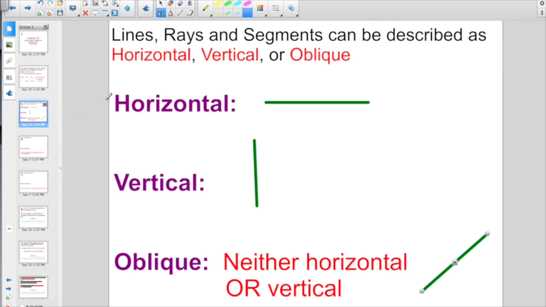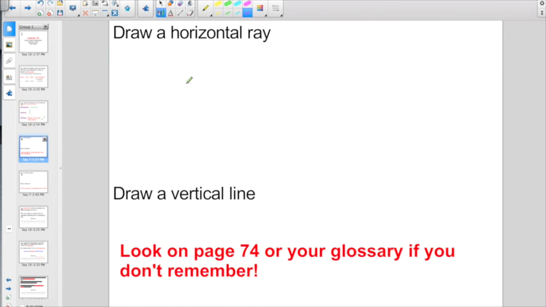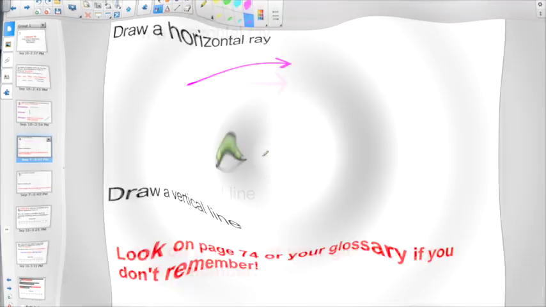Oh yeah, that's horizontal, straight left and right. So I'm first going to start off with something left and right. And then it's a ray. So a ray goes on forever on only one side. So you got to make sure if you're drawing a ray that you put an arrow on one side. That would be a horizontal ray.